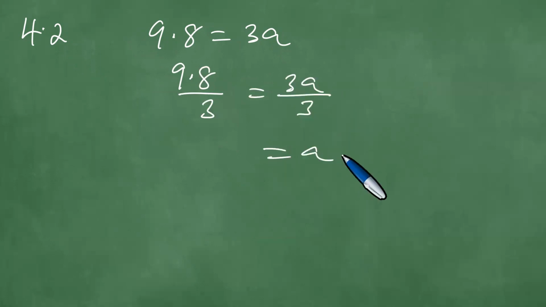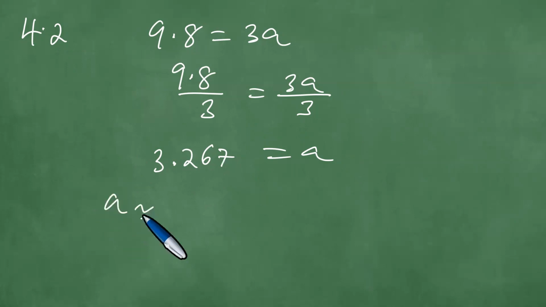If you have 9.8 divided by 3, which is exactly 3.267, you can write the acceleration is approximately 3.27 meters per second squared.